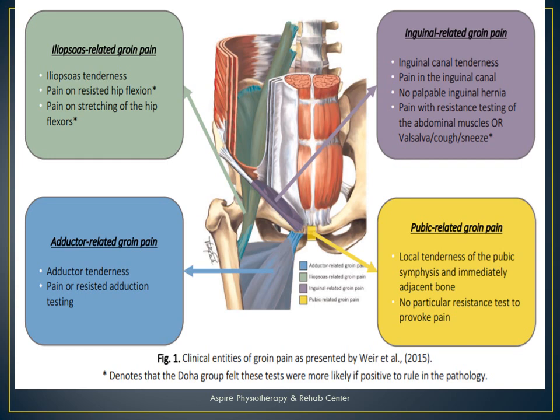Pain with resisted testing of abdominal muscles or Valsalva maneuver, cough or sneeze. Now pubic related groin pain in the yellow box: local tenderness of the pubic symphysis and immediately adjacent bone. We have seen how to palpate that. And next is no particular resisted test to provoke the pain. Okay.